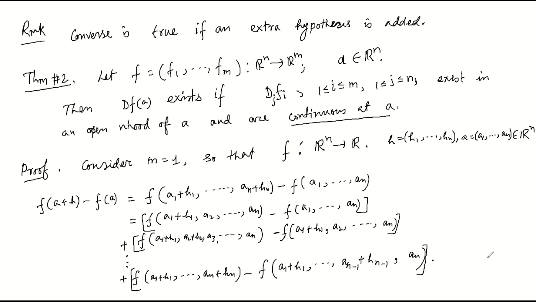So let us consider this summand: f of a1 plus h1, a2 and so on an minus f of a1 and so on an. So let us compute this quantity.